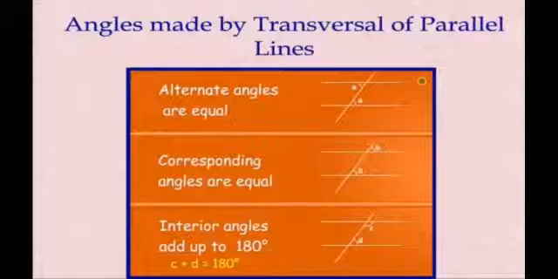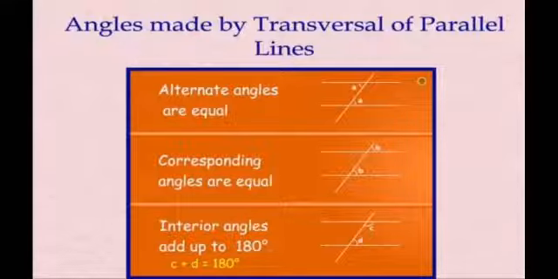That is, the angles which lie on the opposite side of the transversal are alternate angles and they are equal to each other. 2. Corresponding angles are equal. That is, the angles which lie on the same side of the transversal are corresponding angles and they are equal.